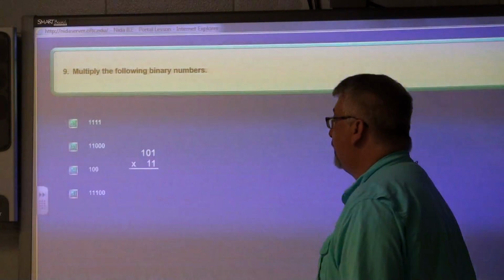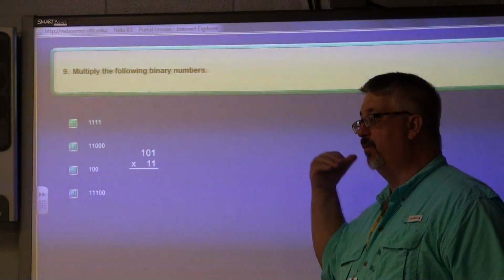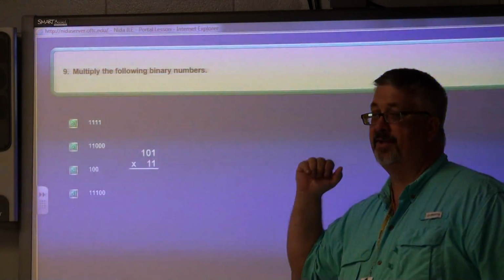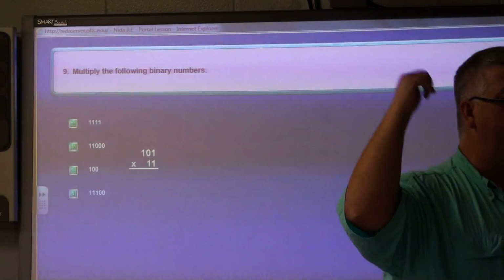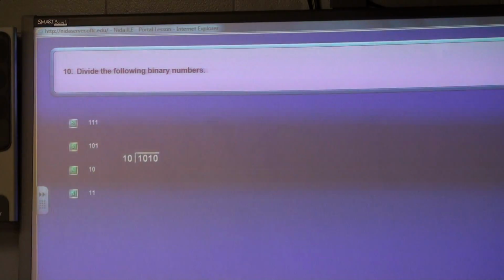Again, we can go to those binary equivalents. 4, 2, and 1. 4 and 1 is 5. 5 times 3 is 15. A is 15 because it's one shy of flipping over into the 16 place. So 8, 4, 2, and 1 give us 15. Divide the following numbers, 10 and 10, 10.